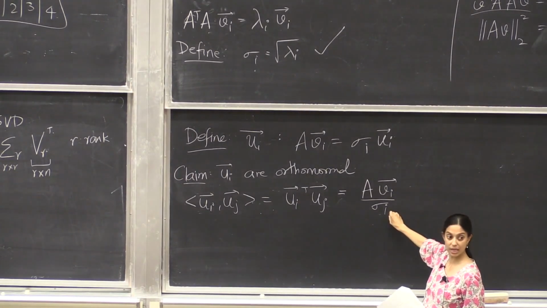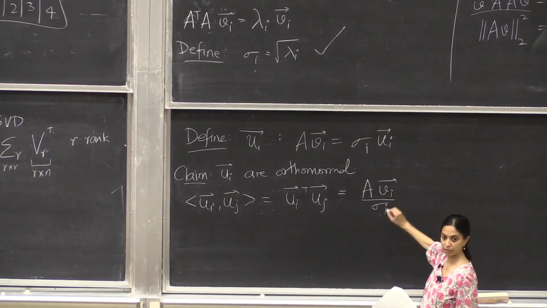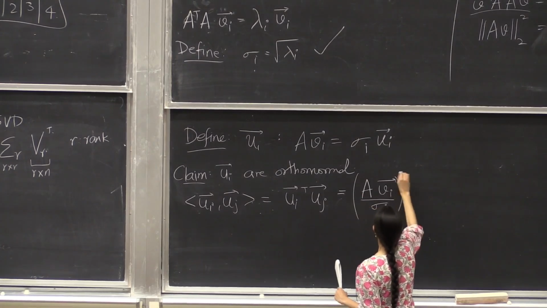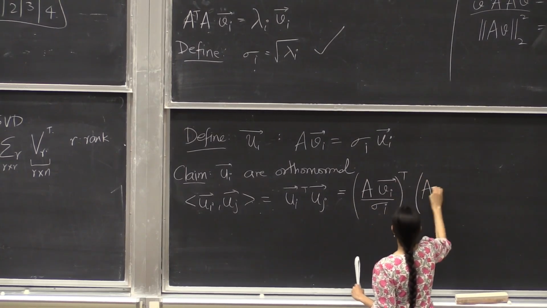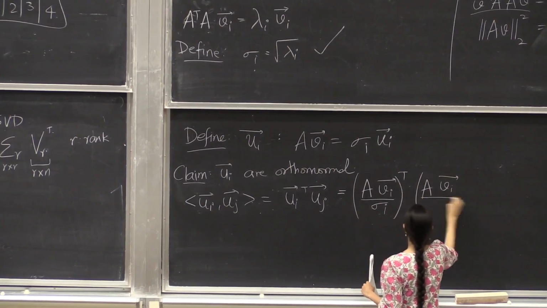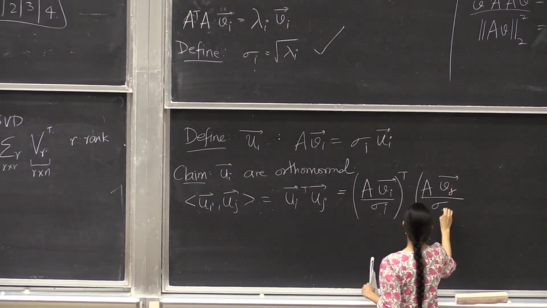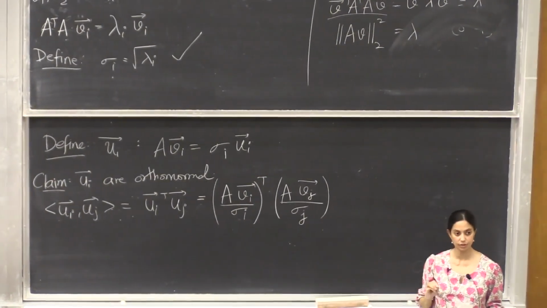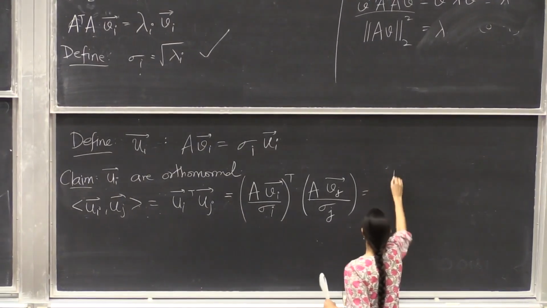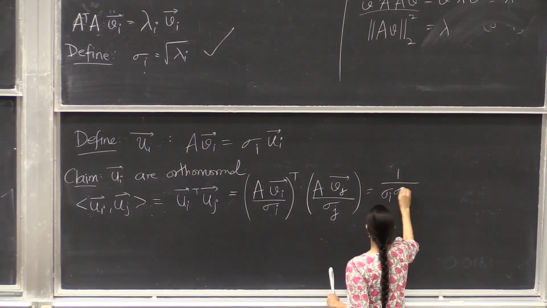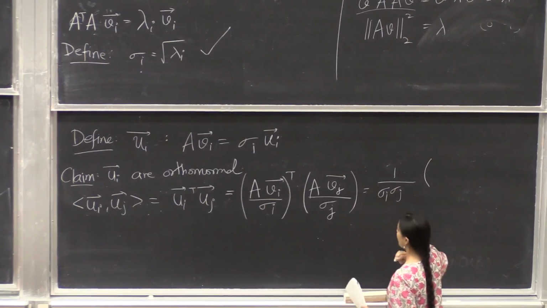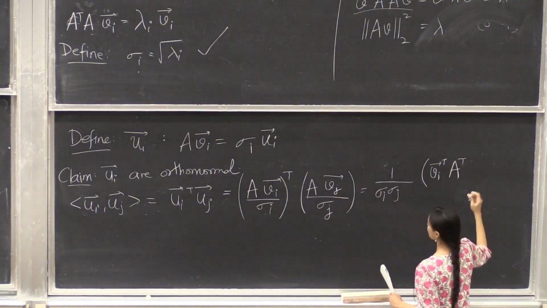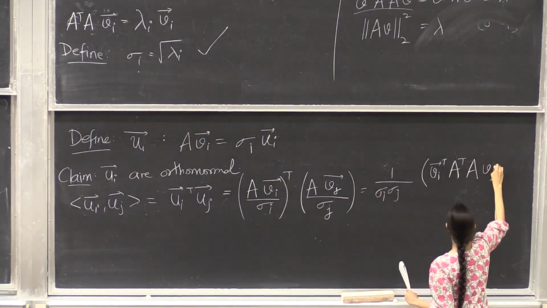Therefore, I can take these square roots. The lambdas I've pulled out to be the non-zero eigenvalues. Transpose times A vj, divided by sigma j. Right? I'm just substituting the definition here. So pulling out the scalars, this is sigma i sigma j. And what I have here is vi transpose, A transpose, A vj.